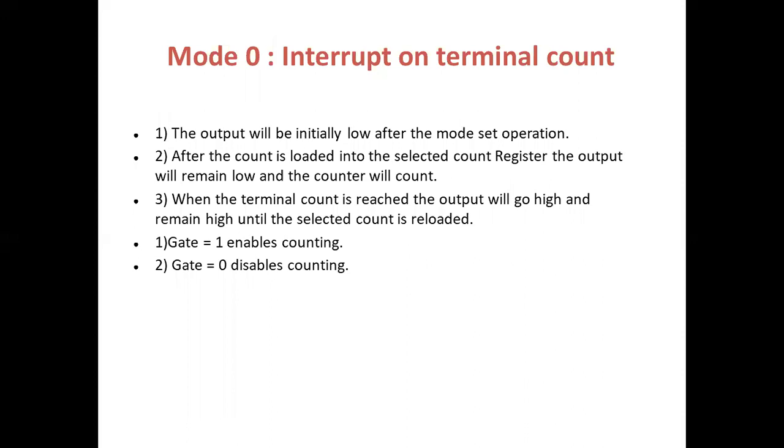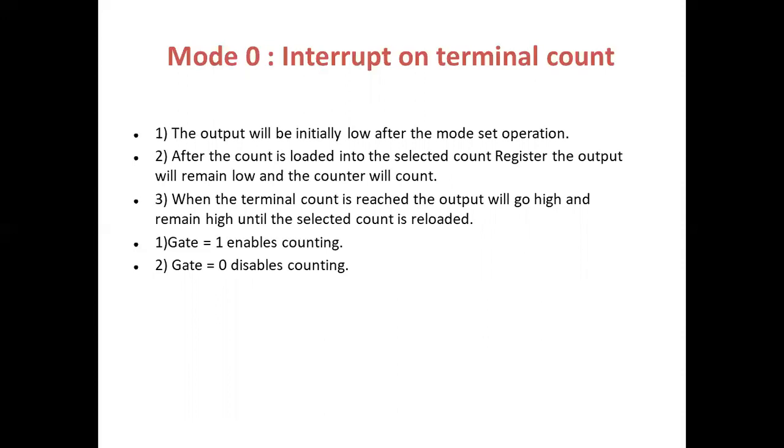This is the first one, that is interrupt on terminal count. Mode 0 is used to generate accurate time delay under software control. Firstly, any one counter of 8253 timer or counter is initialized and loaded with a suitable count to develop the desired time delay.